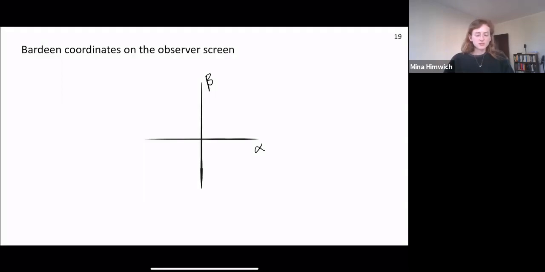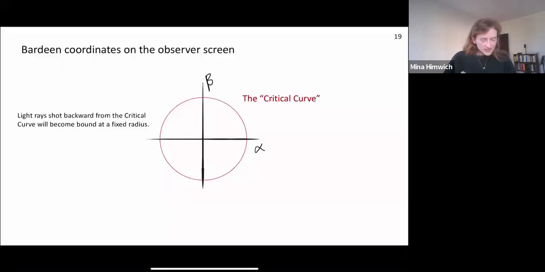And the set of such points actually forms a curve on the screen called the critical curve by Bardeen. There's actually a range of radii at which photons can be trapped on bound orbits in the Kerr geometry, and so this curve is parameterized by radius, which is a cool thing. It's called the critical curve.